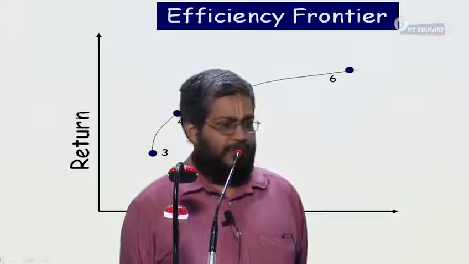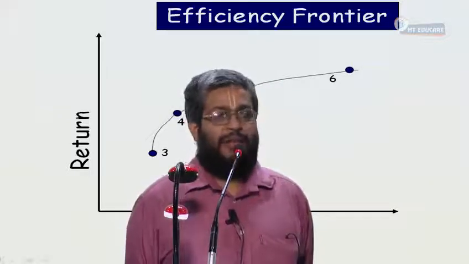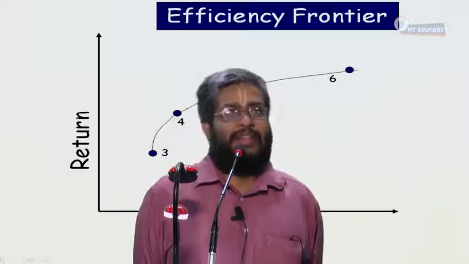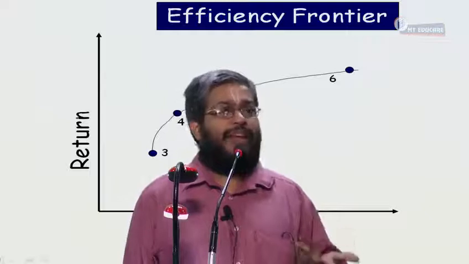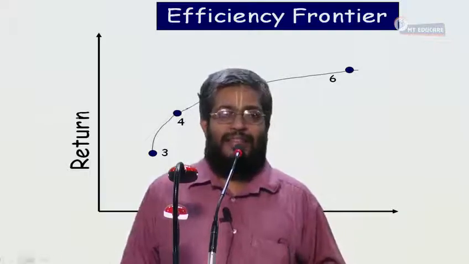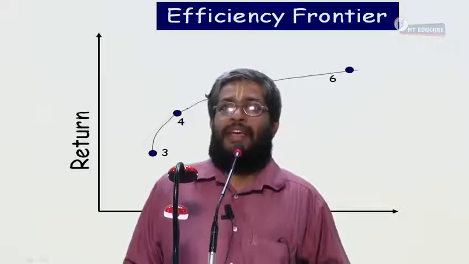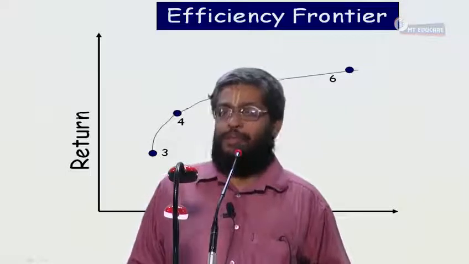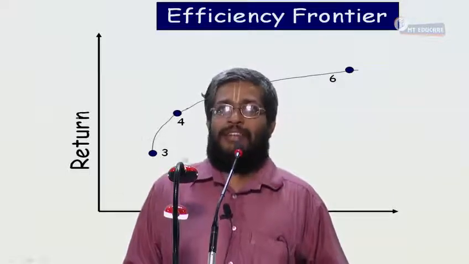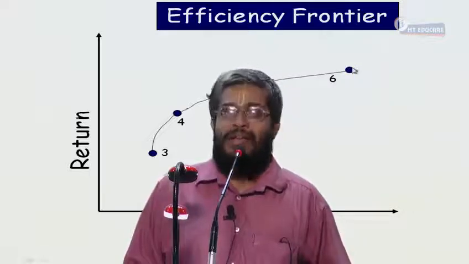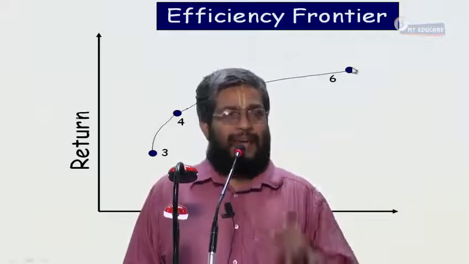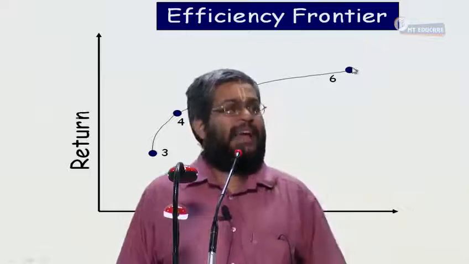Any doubt? Securities also can be on the curve. A portfolio is also nothing but a combination of securities. Now, don't get confused about portfolio or security. For example, this 6 is a security, only B is there in 6.